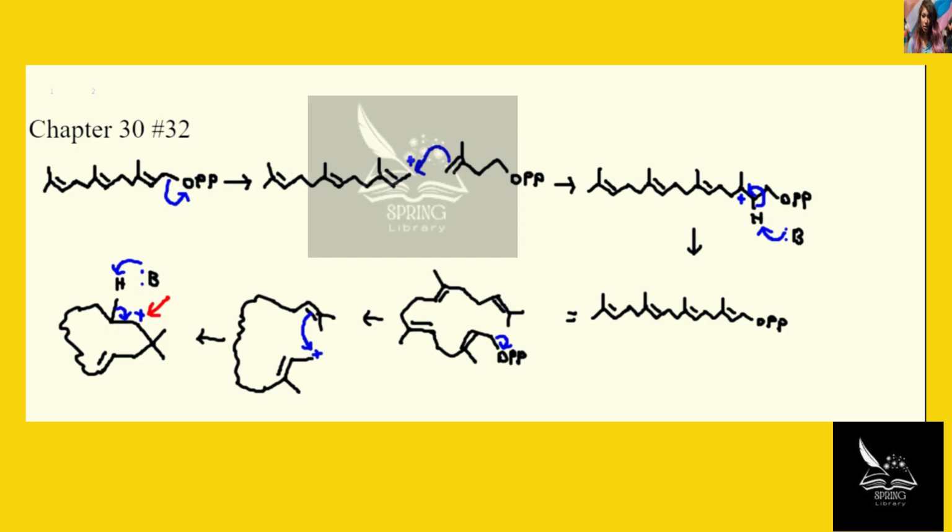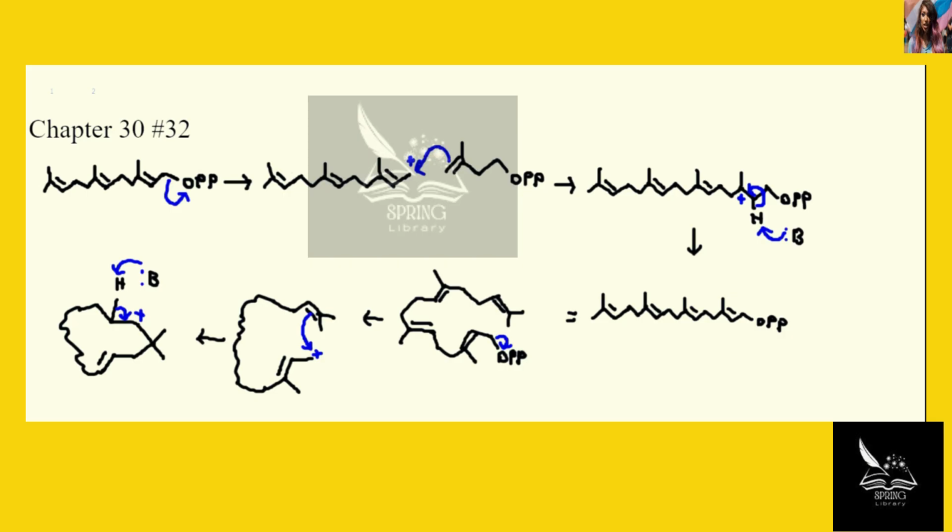So if instead of that one we formed the carbocation here, the ring wouldn't close here; it would close here instead, and that would be a tertiary carbocation. And of course, tertiary carbocations are more stable, but it would result in a different ring too. It would result in a 14-membered ring instead of a 15-membered ring.